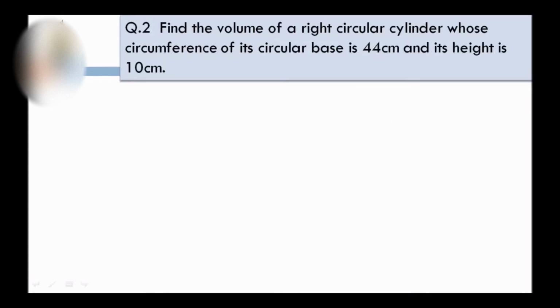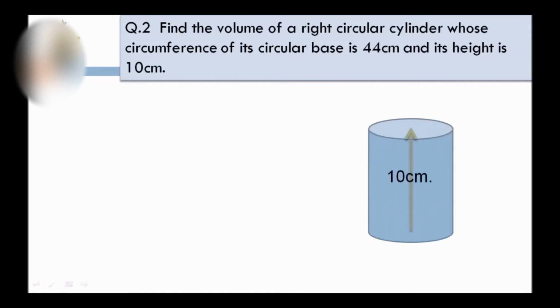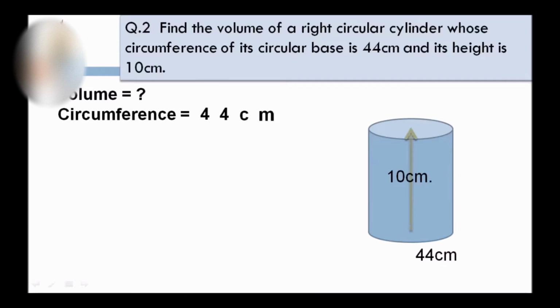Now let us solve one more question. Find the volume of a right circular cylinder whose circumference of its circular base is 44 centimeter and its height is 10 centimeter. Now again we will find volume, but here instead of radius, circumference is given.